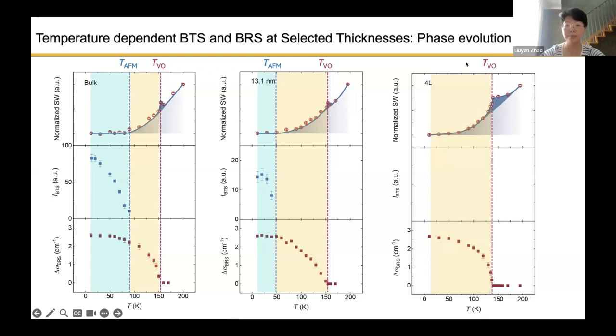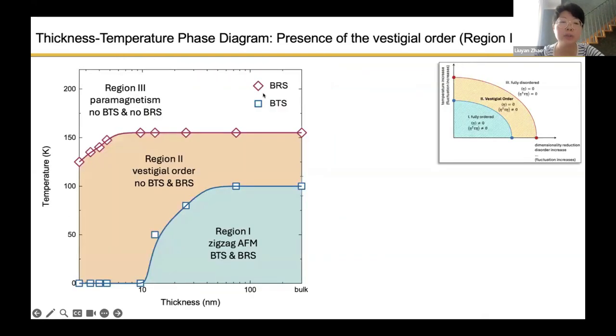Okay. So then we can construct such a phase diagram. The horizontal axis is thickness, the vertical axis is temperature. For the bulk sample, and the thickness all the way down to 10 nanometer, we can realize all the 3 regimes: the paramagnetism regime, the vestigial regime, and the zigzag antiferromagnetism regime.